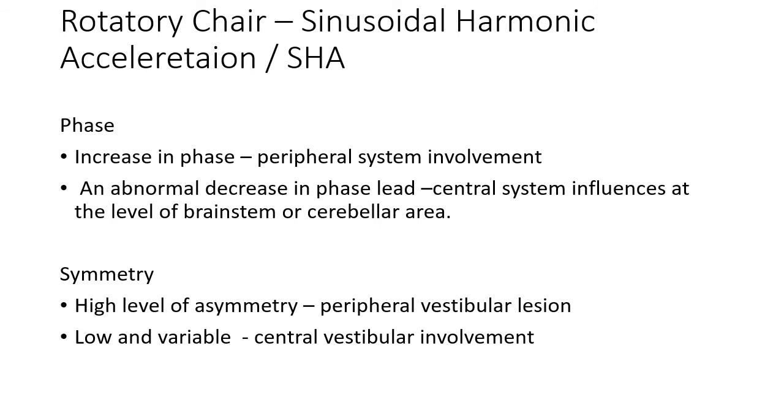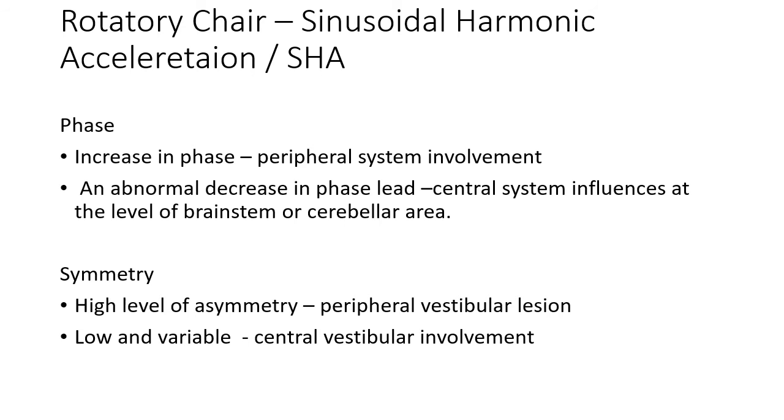And when an abnormal decrease in phase leads from a low frequency, less than 0.04 Hz sinusoidal rotation, it implies that possible central system influence, either at the level of the brainstem or in the posterior cerebellar area, the nodulus, needs to be considered.